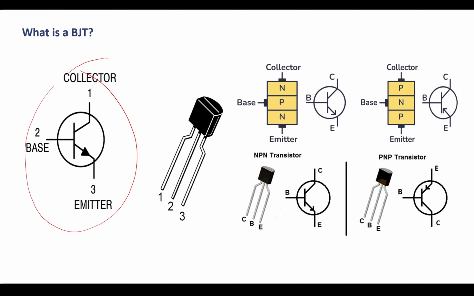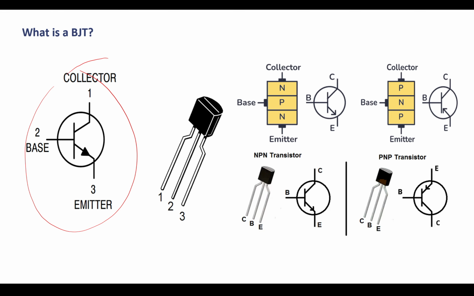These are the main pins, the general signal pins, and the base is the control port. We control the IV characteristics of the BJT, choosing in what condition or in what region or state the BJT is working, by setting the condition in the base.